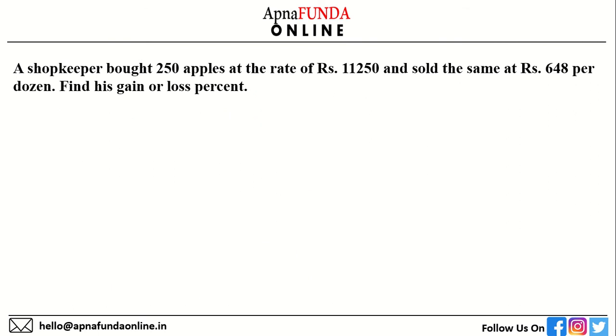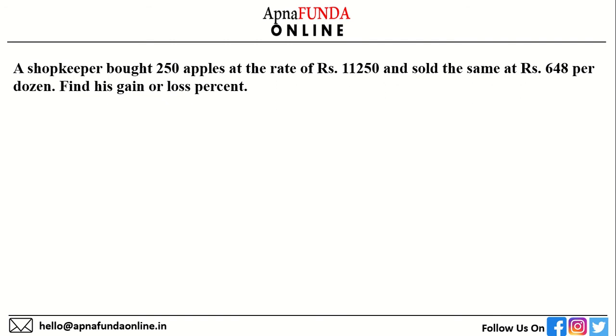Next question. A shopkeeper bought 250 apples at the rate of rupees 11,250 and sold the same at 648 per dozen. Find his gain or loss percent. So over here also we'll find out the cost price and selling price of one apple.